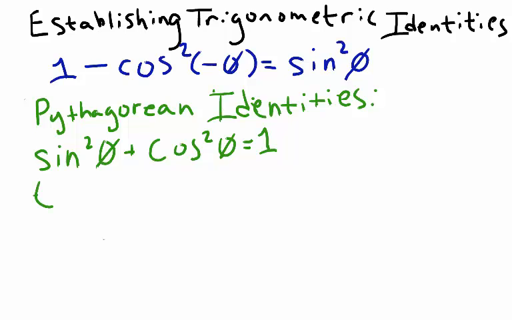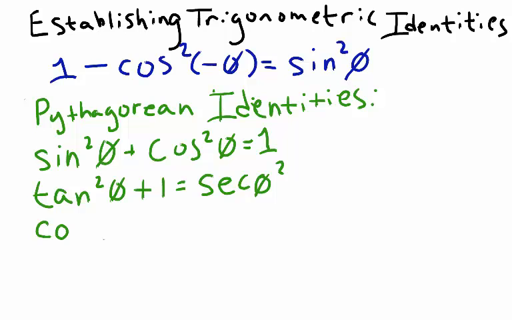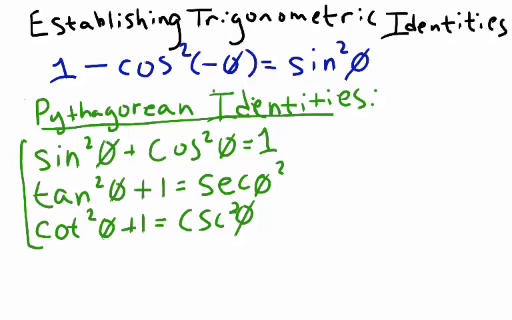Then we have tangent squared theta plus 1 equals secant squared theta. And we have cotangent squared theta plus 1 equals cosecant squared theta. So these are the Pythagorean identities.